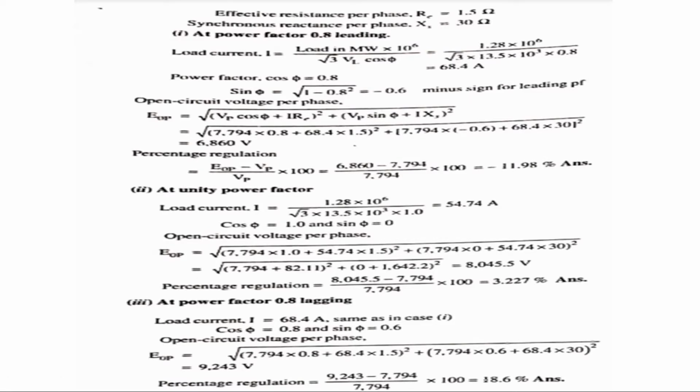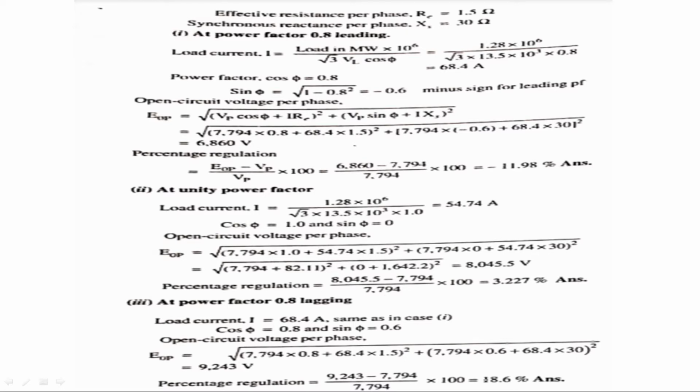Effective resistance per phase Re is given as 1.5 ohms and synchronous reactance per phase is given as 30 ohms. Now first we have to find out for the power factor which is 0.8 leading. So load current I is equal to load in megawatt into 10 power 6 by root 3 VL cos phi. This is the formula to calculate load current.